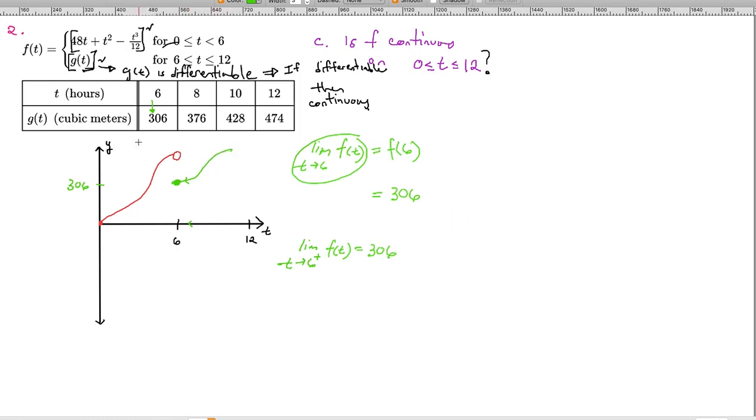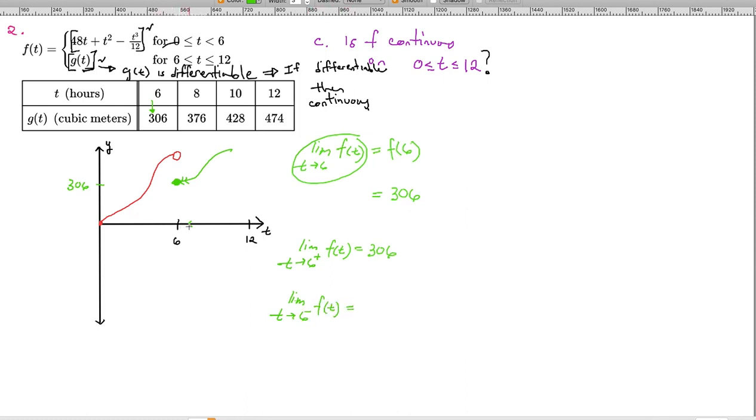Because this is going to be the same thing as the limit as t goes to 6 from the right of g of t, which is continuous. So as I come to 6 over here, I'm just going to be getting closer and closer to that 306 value. The question that I need to investigate is what this value is going to be if I come to 6 from below 6, from the left of 6.